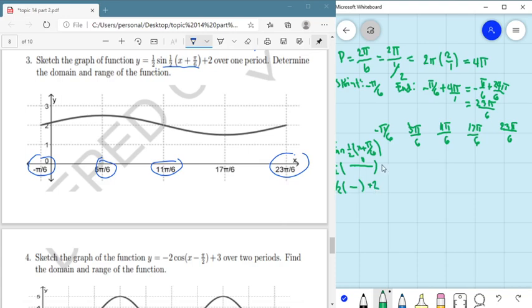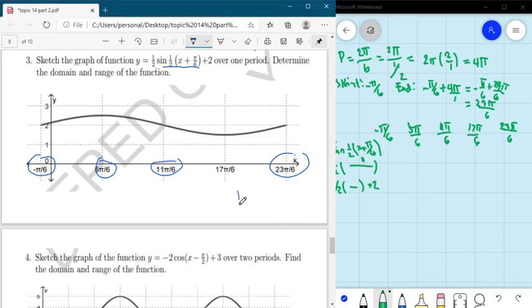Okay? So, when we replace the x here with negative pi over 6, it becomes 0. 0 times 1/2 is 0. So sine of 0 is 0.